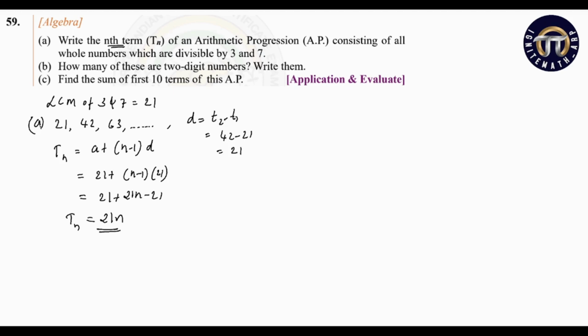Now the second one, how many of these are two-digit numbers? Clear, children? So you know that the maximum two-digit number is 99, and you need to find the multiple of 21 which is just lesser than 99. How many numbers are there? You need to find it out. Look at the question over here, children. Need to be very careful. The second part of the question, A is equal to 21, and we know that D is also equal to 21.